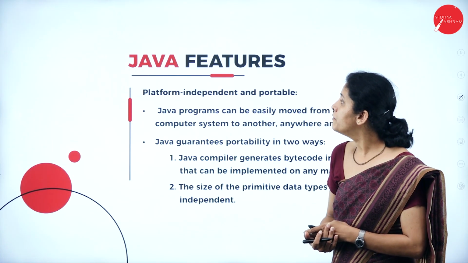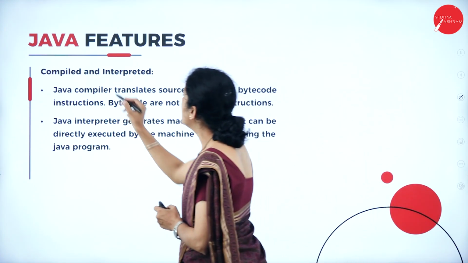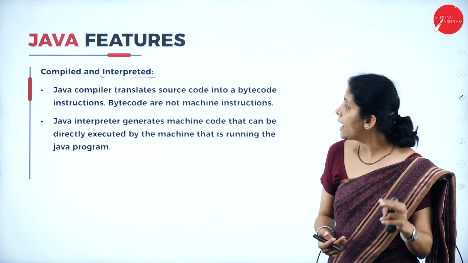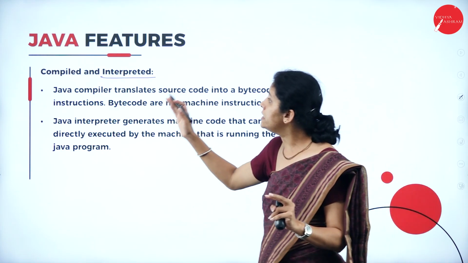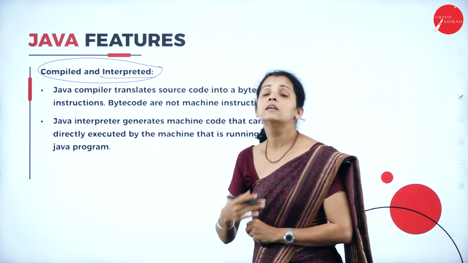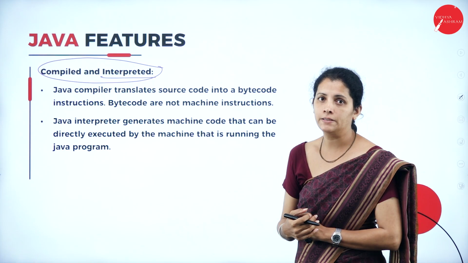In that, first I'm going to have compiled and interpreted. So what is compiled and what is interpreted? So dear student, these two things are called translator or language translator.